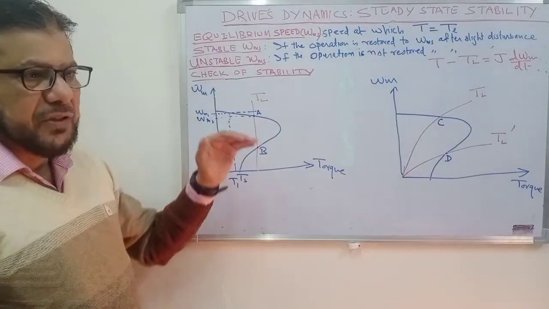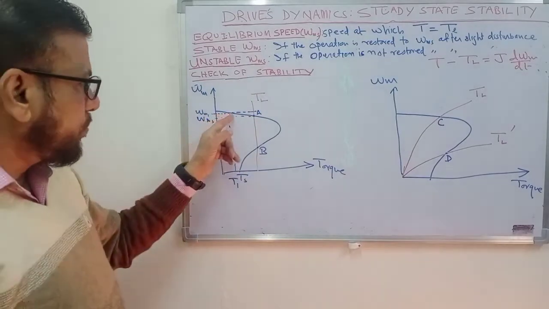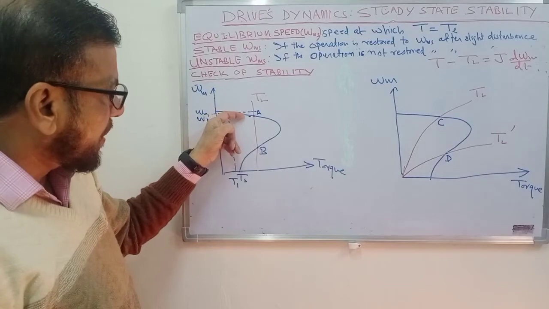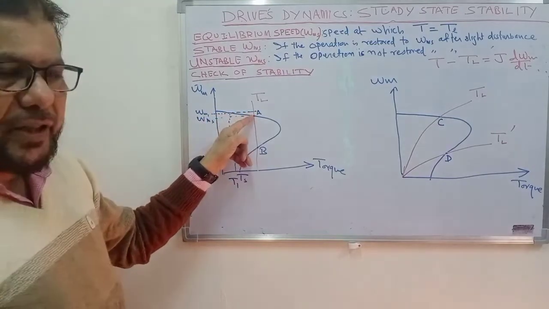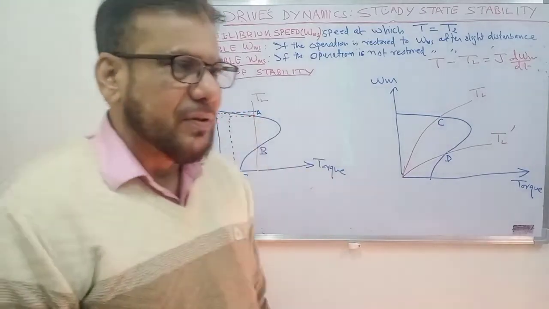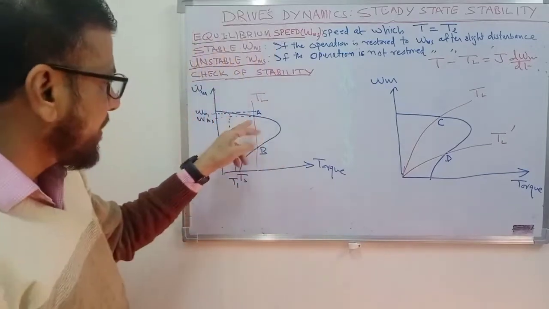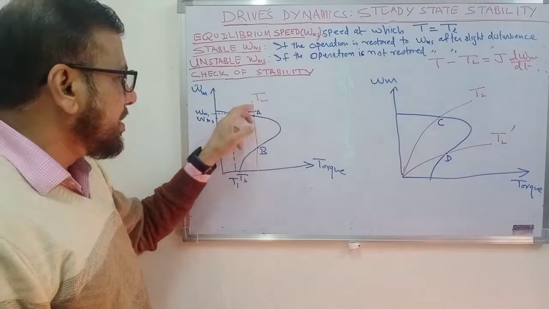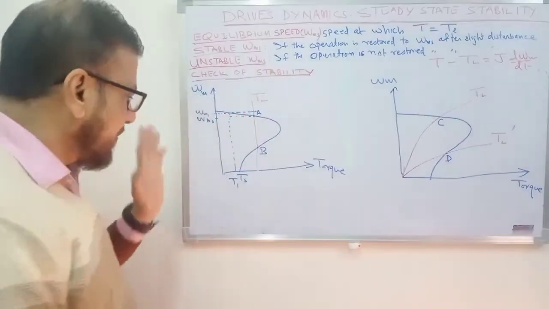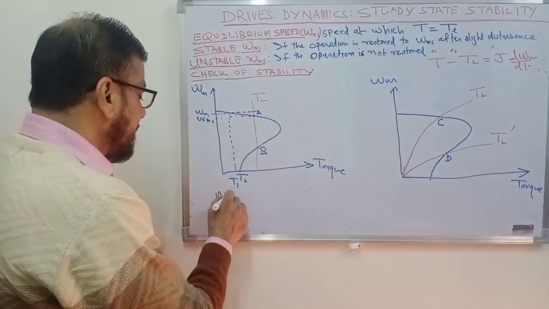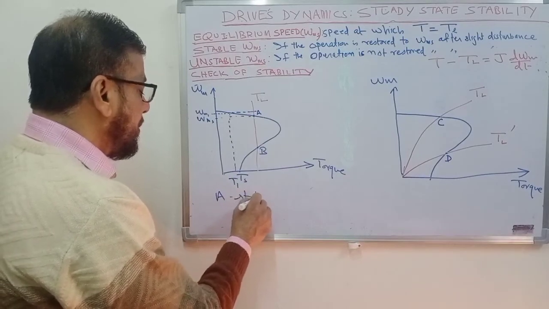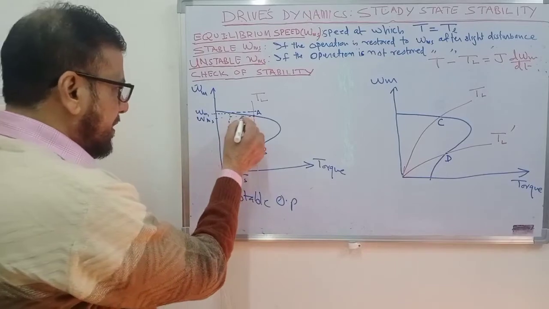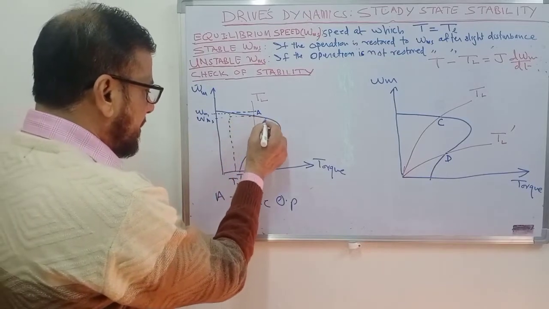This means the speed of the motor will decrease and the point will again be restored. As the speed decreases, the motor torque will decrease and finally it will come to point A, where the load torque is equal to motor torque, and thereafter the motor will run stably at operating point A. So point A is a stable operating point.